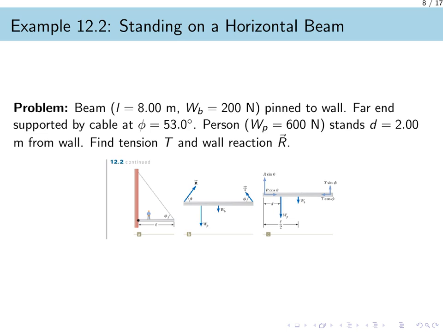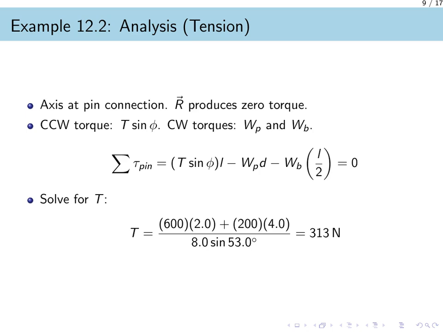We will solve for these unknowns by applying the conditions that the net force and net torque on the beam must both be 0. To find the tension, we will now apply the second condition of equilibrium, which states that the net torque on the beam must be 0. The key to this step is choosing a convenient axis of rotation to simplify our calculation.